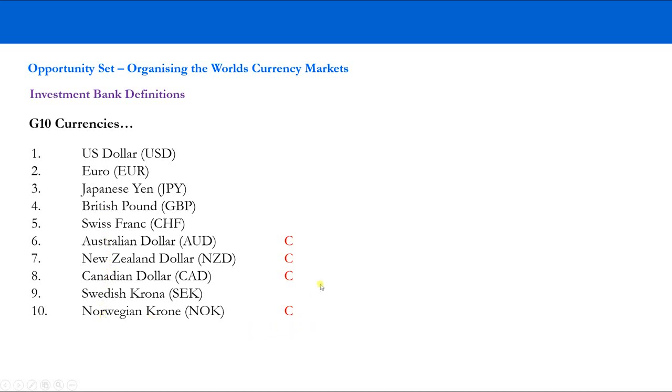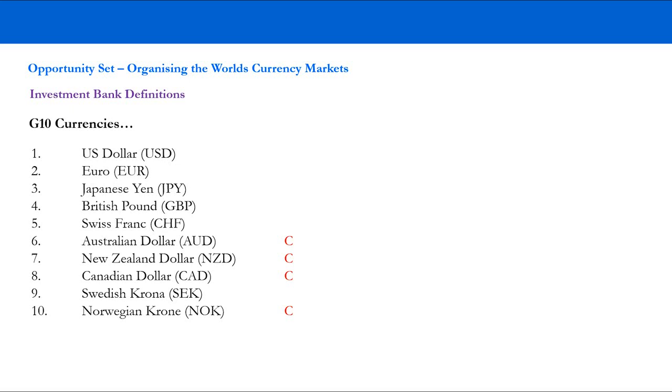And you're going to notice here that we've got the letter C next to 4 of our currencies. So the letter C, for example, is next to Australian dollar, and the letter C actually stands for commodities. The reason why we've marked these up with a letter C next to them is because our objective is to figure out what has the most potential volatility, what has the least potential volatility, and we want to know what these currency values actually depend on.